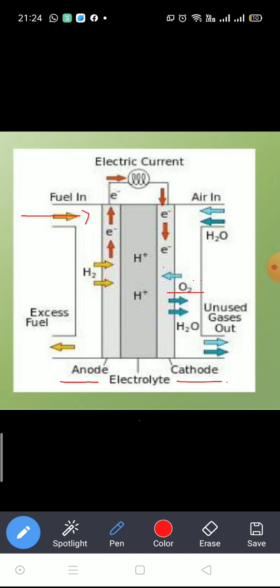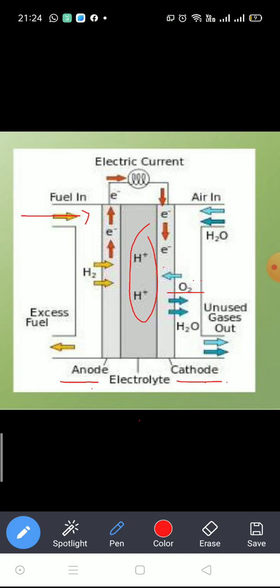In the cell, we have two electrodes, anode and cathode, and these are porous electrodes. And electrolyte is filled in between the two electrodes. This is the place where we fill the electrolyte. So unused gases are also removed from the cell from time to time.